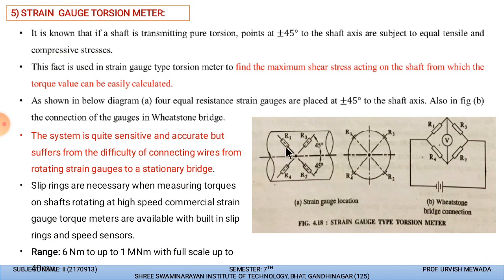In this you can see that on the shaft we have connected four strain gauges at 45 degrees to each other, and this is the strain gauge location. From the front view we can see that R1 and R2 are opposite to each other. Similarly R3 and R4 are opposite to each other, and between each transducer we have an angle of 45 degrees, and the outputs of all the strain gauges are connected to the Wheatstone bridge.